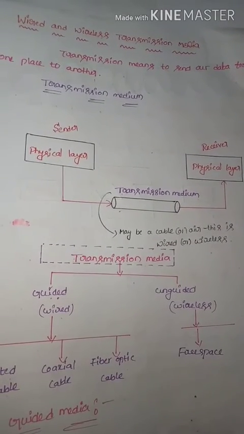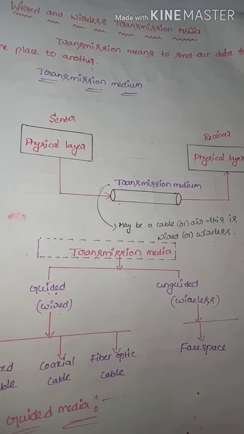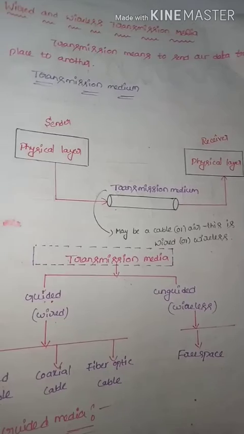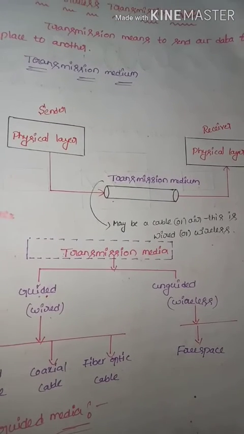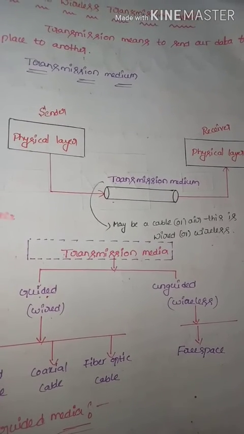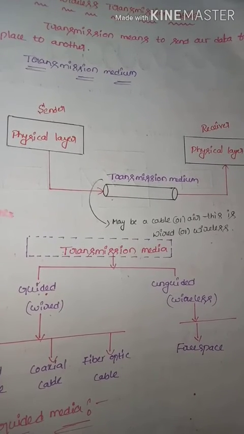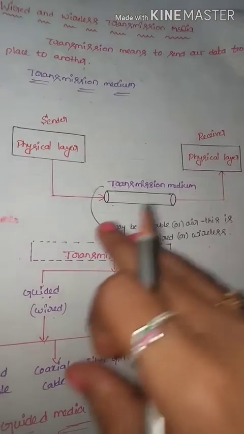Twisted pair and coaxial cables use metallic copper conductors that accept and transport signals in the form of electric current. Optical fibers accept and transport signals in the form of light.